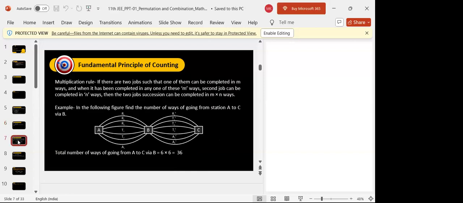Next, the multiplication rule is coming. If there are 2 jobs such that one of them can be completed in m ways, and when it has been completed in one of these m ways, the second job can be completed in n ways, then the 2 jobs in succession, that is continuity, can be completed in m into n ways.